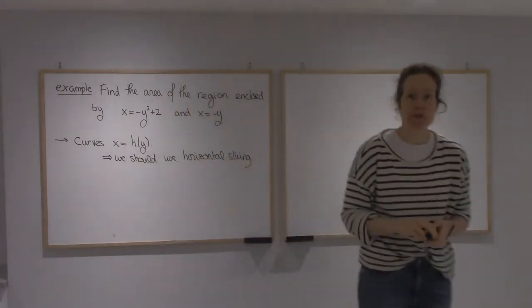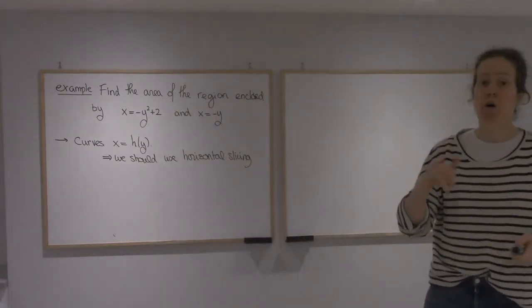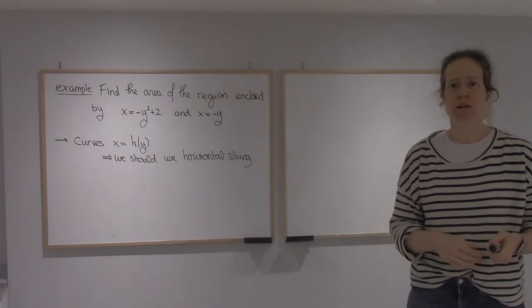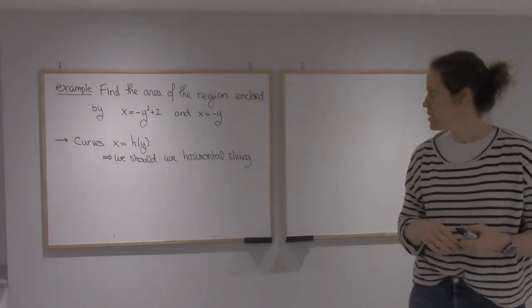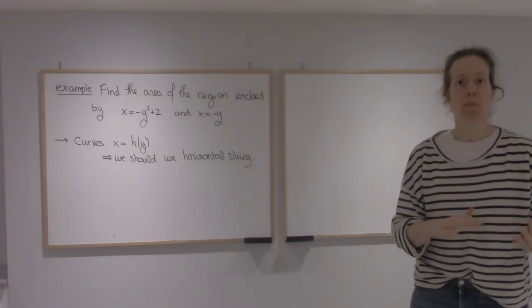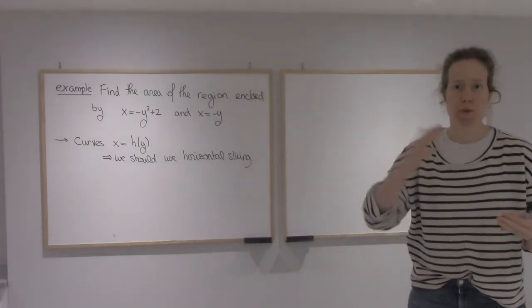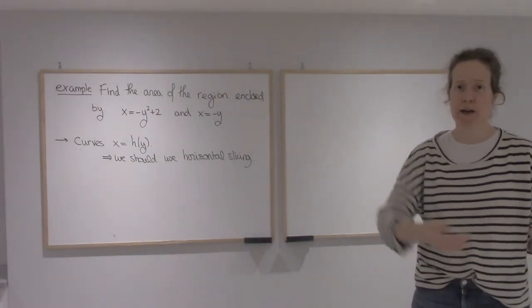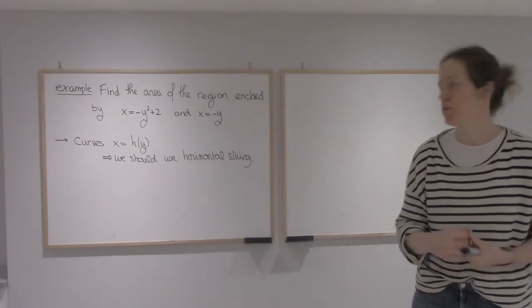Now, whatever method you choose to use, you should always find the intersection points, and you should always give a sketch of the region, making sure the right functions are on top and underneath, the right functions are right and left, just so that your integral is set up properly.